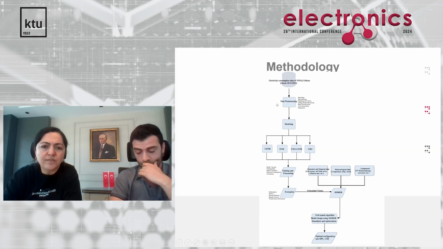In the data processing phase, the data underwent several processing steps: data input, data indexing, handling missing values, adding month information, data normalization, and preparing the dataset for time series analysis. In the modeling phase, we used various machine learning methods: LSTM, SVM, CNN-LSTM, and GRU models.